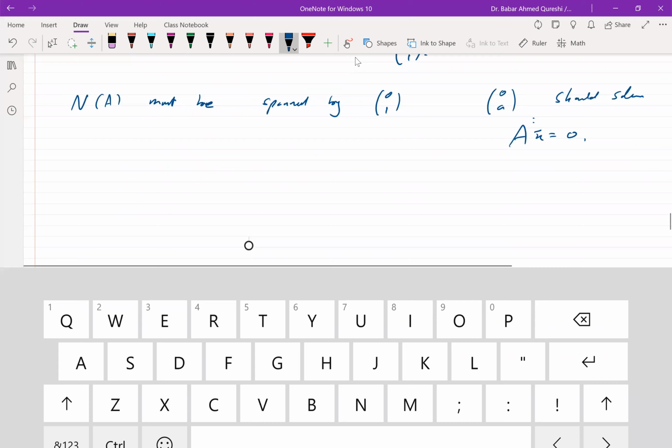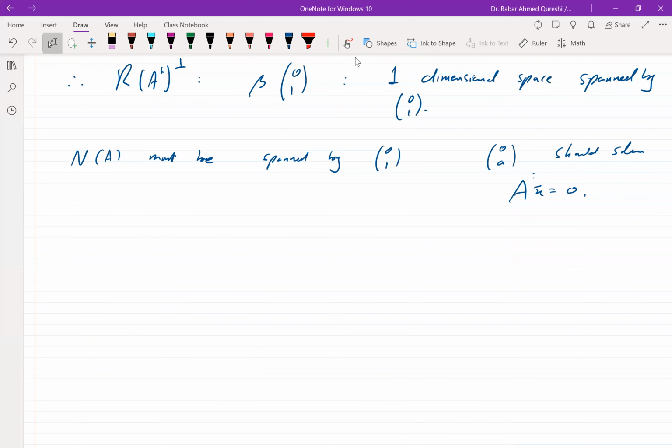So you can check. Let's compute the null space. This is your matrix, and you're solving the homogeneous equation.